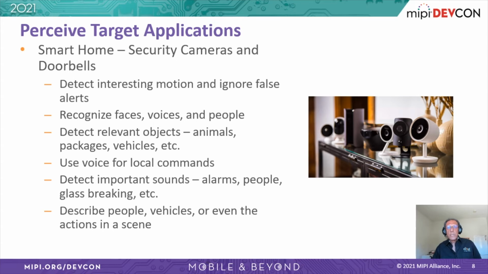When using this processor for this kind of application, the system detects relevant motion and ignores false alerts, recognizes faces, voices, and people, and detects relevant objects such as animals, packages, and vehicles. It also uses voice or local commands, and detects important sounds such as alarms, people, glass breaking, etc. It can even describe to the user people, vehicles, or the actions in the scene.